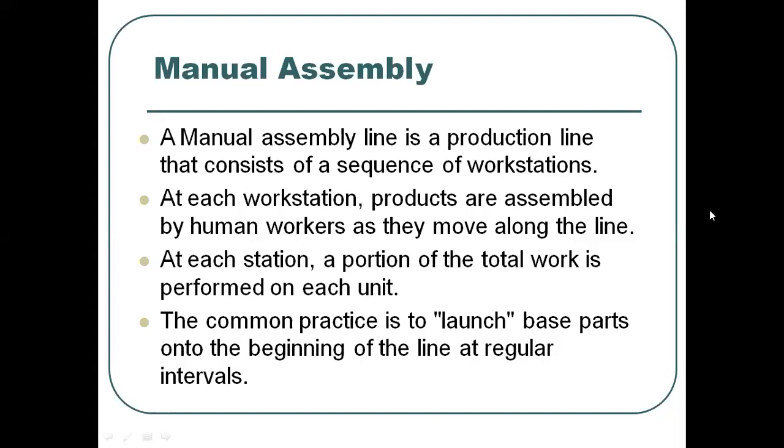So basically, some portion of total work is performed at each workstation, right? The common practice is to launch base parts onto the beginning of the line at regular intervals, isn't it? So as we had seen in that example figure, the base part was launched into that assembly line, and then at regular intervals you have the addition of different components. That's what happens mostly.